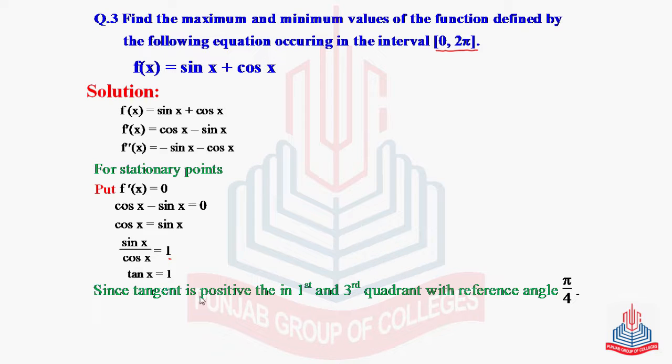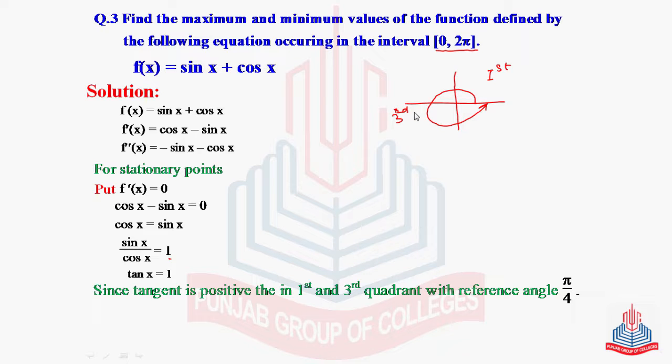Since tangent is positive in the first and third quadrant with reference angle pi by 4, and the given interval is 0 to 2 pi, as tan x is equal to 1, which is a positive value, and we already know that tangent is positive in the first quadrant and in the third quadrant.